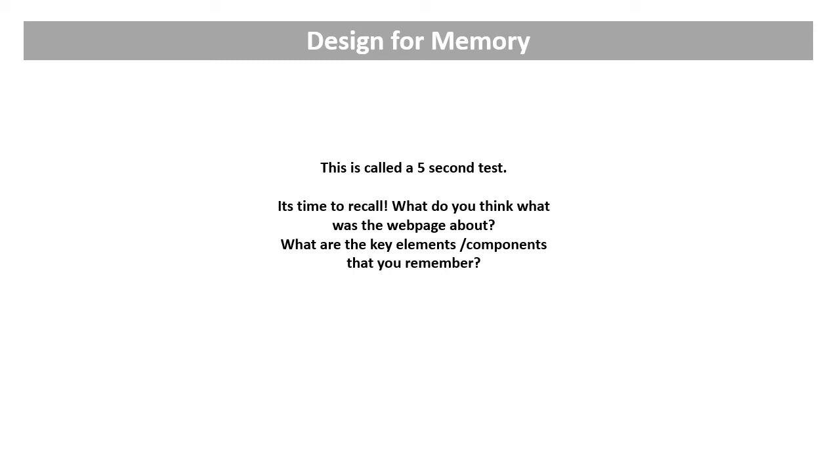Usually there can be some call to action buttons, or there might be text embedded in some sections which caught your attention, and those are the things you are able to recall.